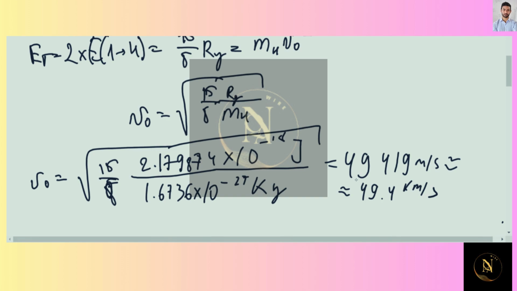However, the previous answer is also correct because we have quite a decent amount of decimals for both constants, for the Rydberg constant and for the mass of a hydrogen atom. So actually, let's leave it in this form. So let's say it's 49,419 meters per second. So here is the solution of this problem.